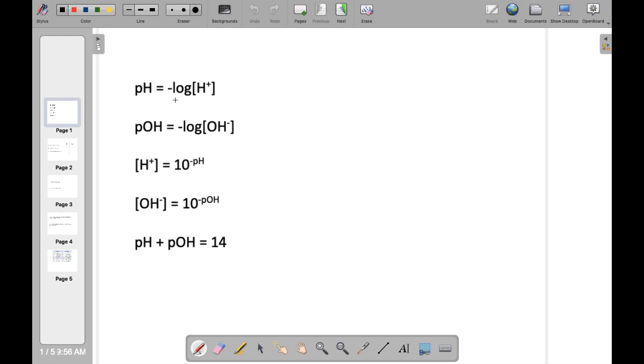So pH equals minus the log of the hydronium concentration. When we say concentration, we mean molarity with a big M. And if we say molarity, remember we mean how many moles are there per liter of solution.